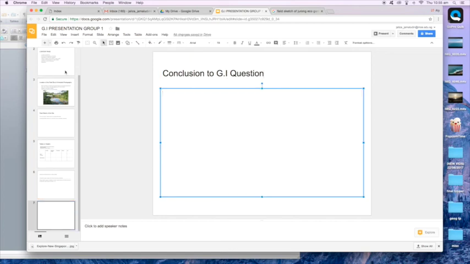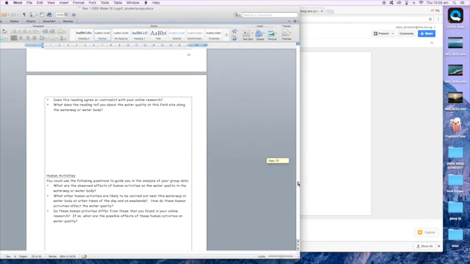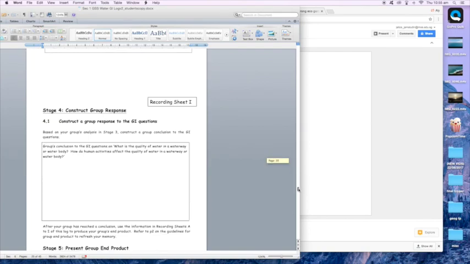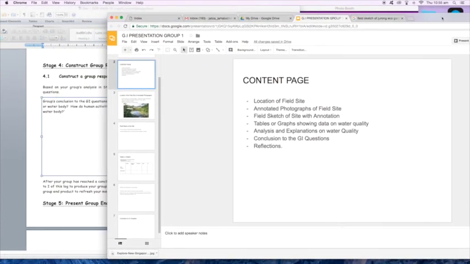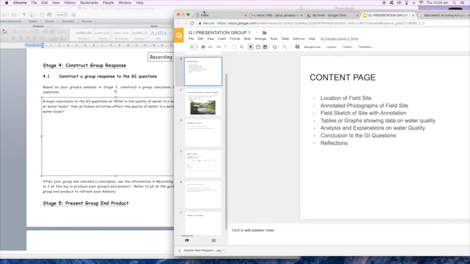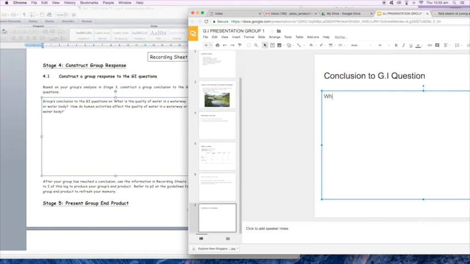Remember your GI question? Just now we went through the conclusion. What is the quality of water in a waterway or water body?